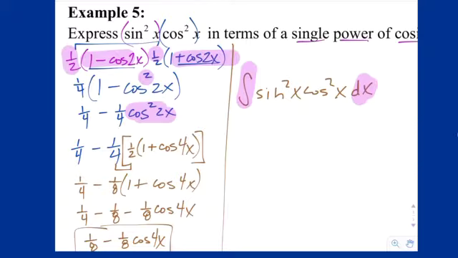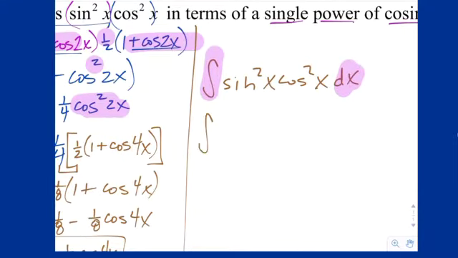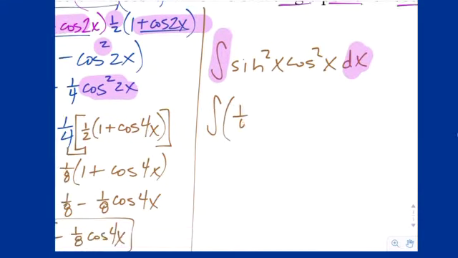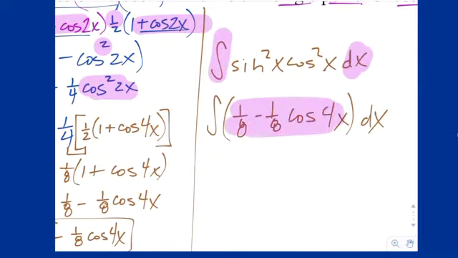But if we know these identities, because sine squared cosine x we just said was equal to the following, 1/8 minus 1/8 cosine of 4x, now this is something that we can easily work with. And instead of staring, we're saying, heck yeah! And we just keep going, and we get the right answer.